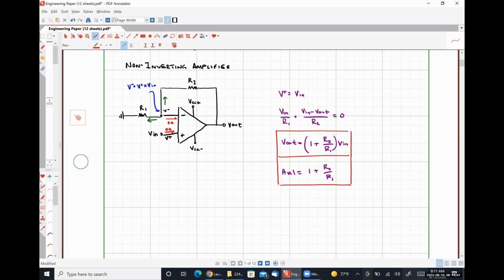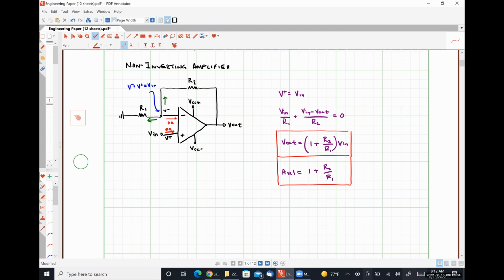So we do not invert the polarity of our signals. So it's a non-inverting amplifier. Additionally, our input signal is applied directly to the non-inverting input terminal. So that's another reason why it's a non-inverting amplifier. Those are really the same reason, just expressed in slightly different ways.